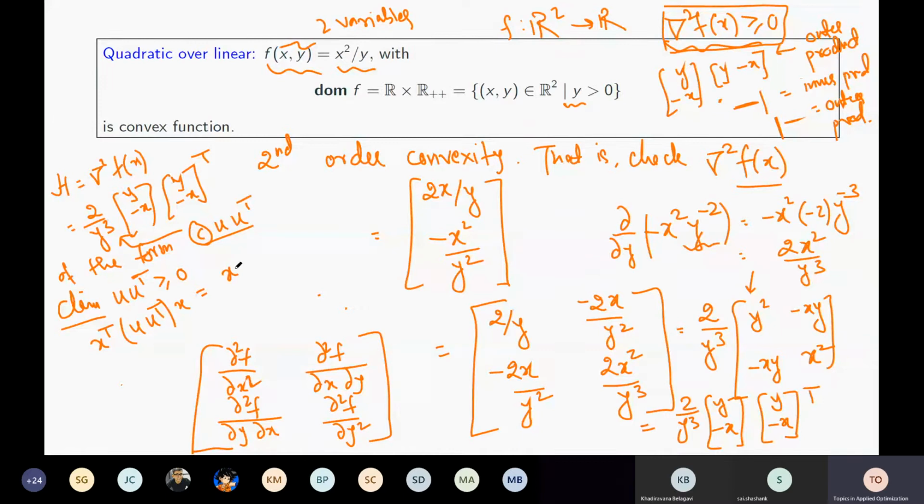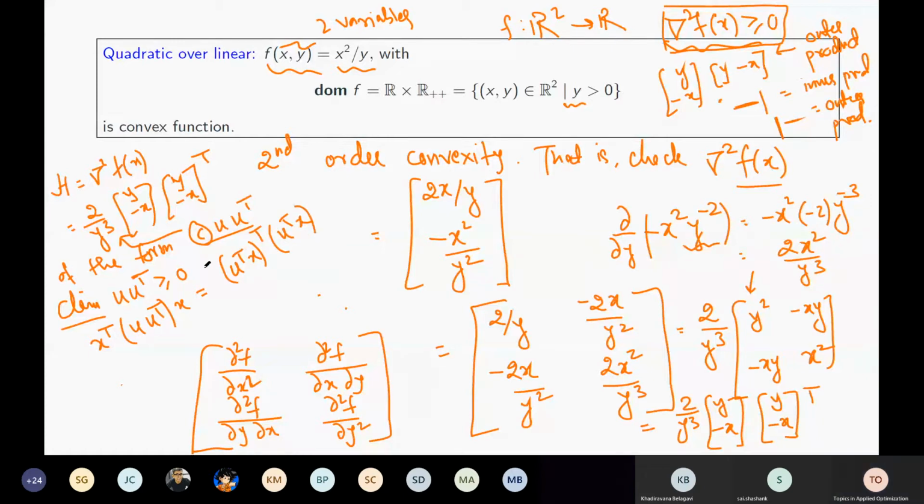Since I'm taking the transpose here, I can write something like u transpose x, transpose, u transpose x.